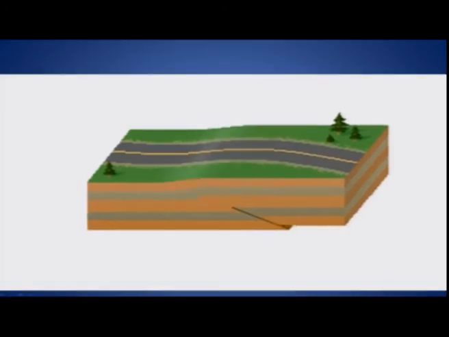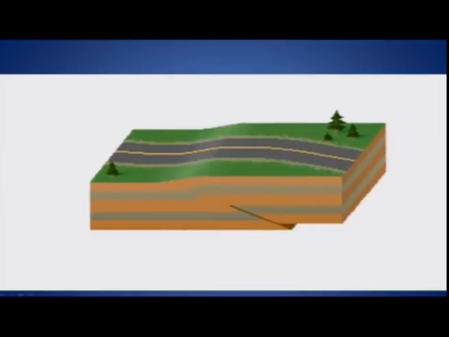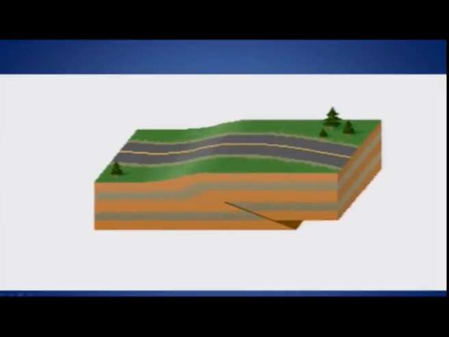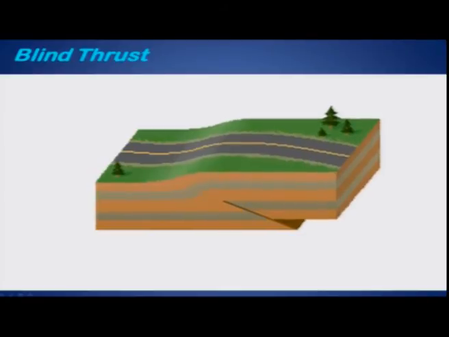Whereas in this one, the displacement is seen below the earth's surface, but near the surface, just the folding has been seen. So no displacement or breaking of the layers is seen. Such types of faults are termed blind thrusts.